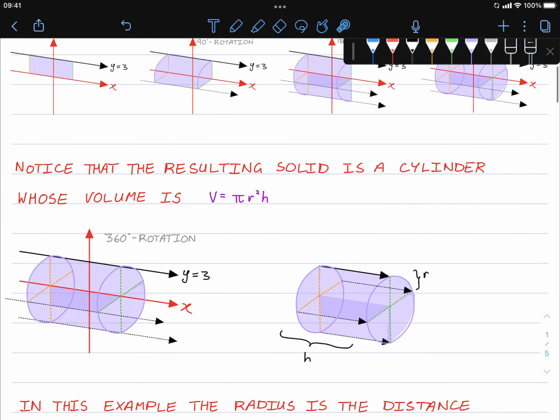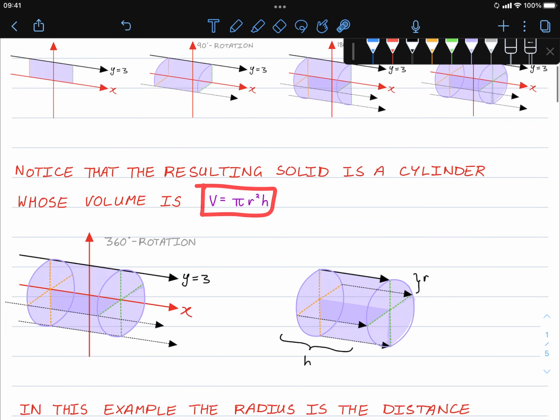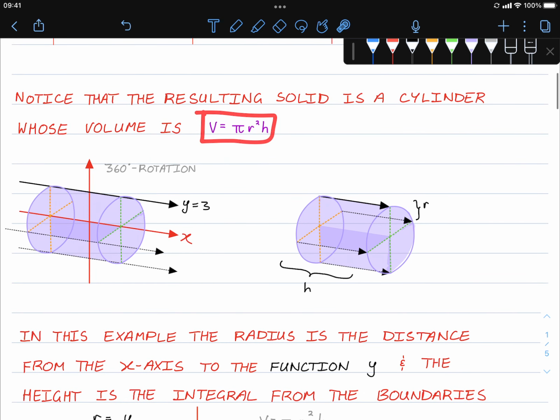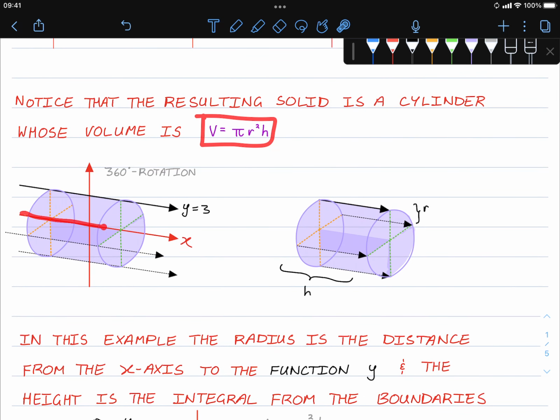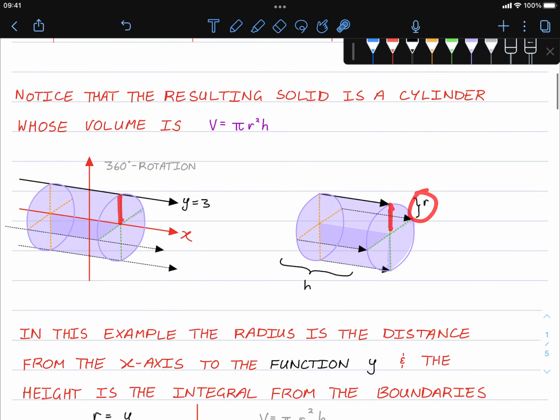Notice that the resulting solid is a cylinder, and the volume of a cylinder is pi r squared times h. In this example, the distance from the x-axis to the function is actually its radius. So that there, as I've written here, is the radius, and the height is the integral from the boundaries.